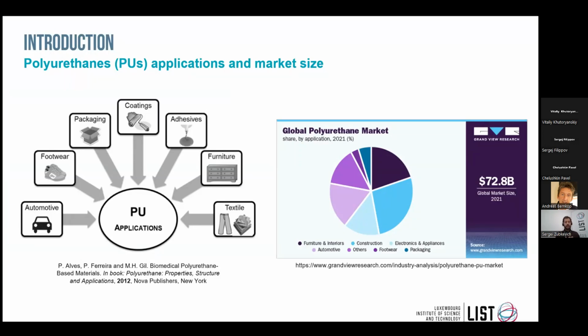But still there are a lot of thermoplastic polyurethanes, mostly so-called TPU. They are elastomers or hard thermoplastic polyurethanes, and they are also used, for example, in footwear and the automotive industry.